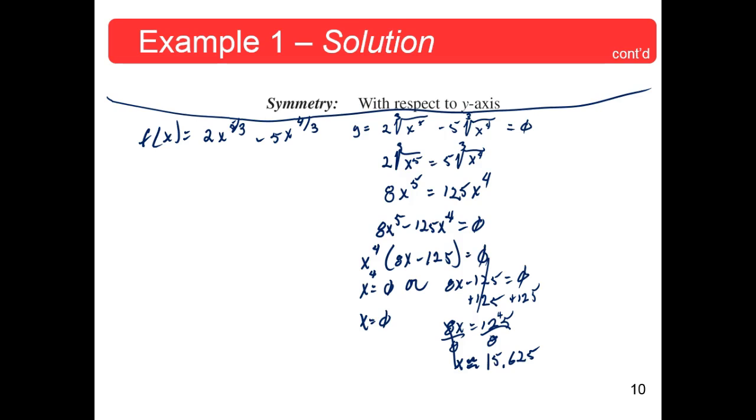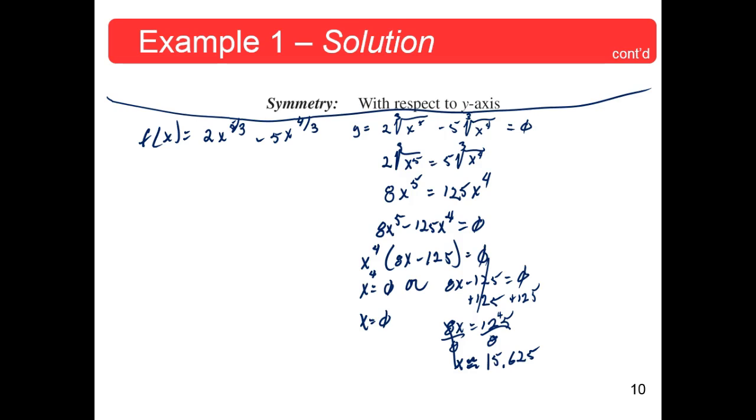How many of those can you normally have? If it's a function, one and only one, because the y-axis is a vertical line. How many times can a function cross any vertical line? Once and only once. Or it may not cross at all, but it can't cross more than once. So we'll say x equals 0.